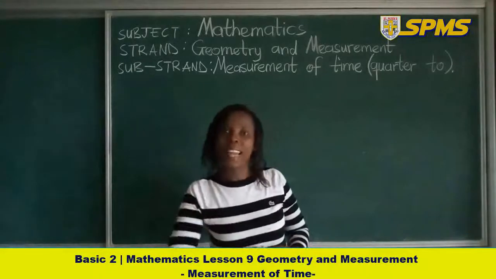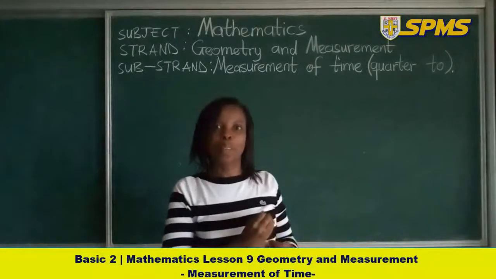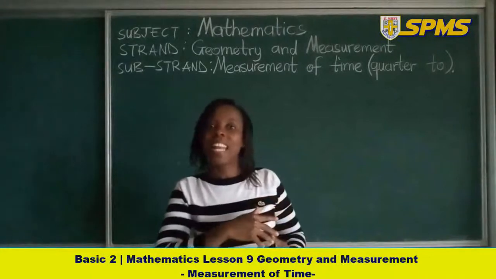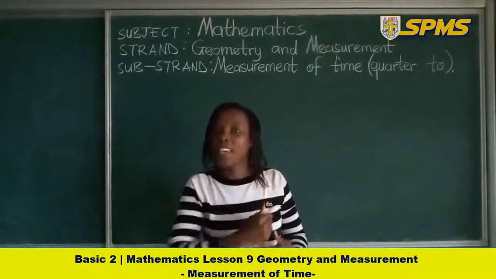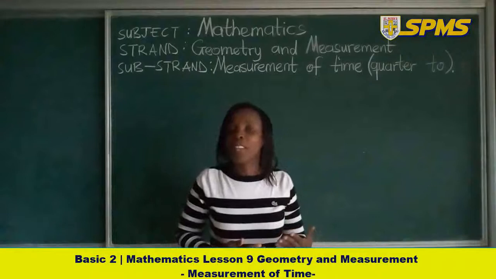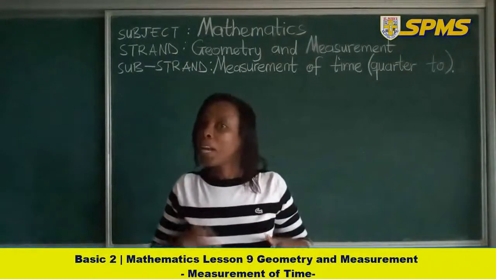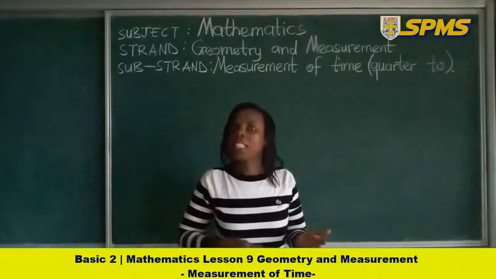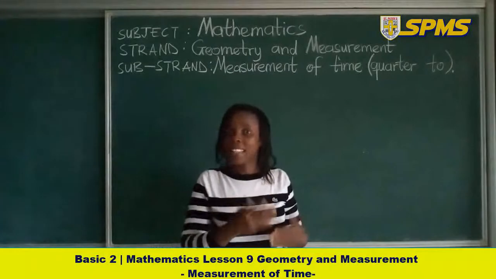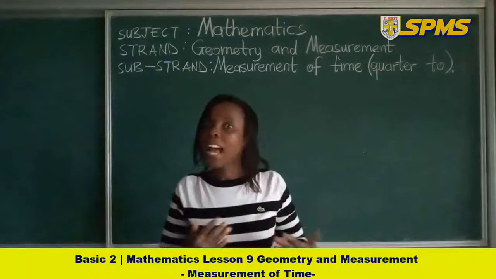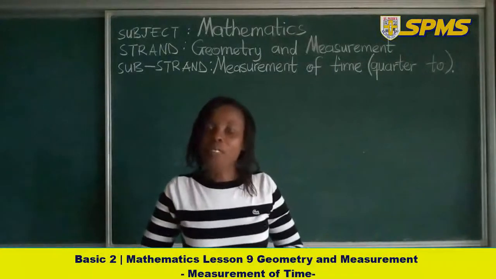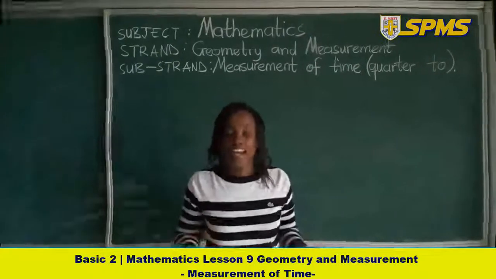So the minutes that came before it got to 6 will be past, and the minutes that are left to get back to 12 will be to. So you can say 25 minutes to an hour, 20 minutes to an hour, 15 minutes to an hour, 10 minutes to an hour, or 5 minutes to an hour. But the moment it falls on 9, we say 1:45 or 15 minutes to an hour.